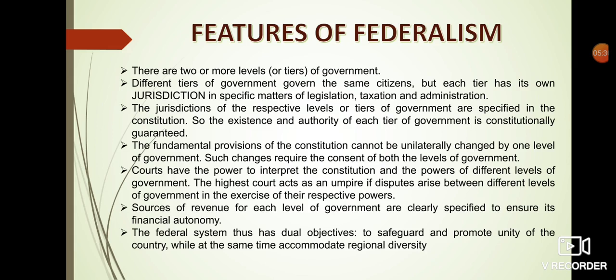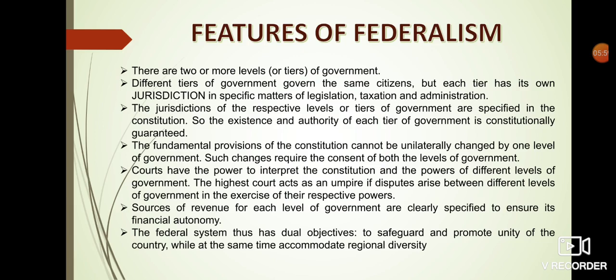If disputes arise between the different levels of government in exercise of their respective powers, sources of revenue for each level of government are clearly specified to ensure its financial autonomy. Because if the government is running, ultimately it requires an economy also to govern the country. So the source of revenue is the main source of the economy of any country.